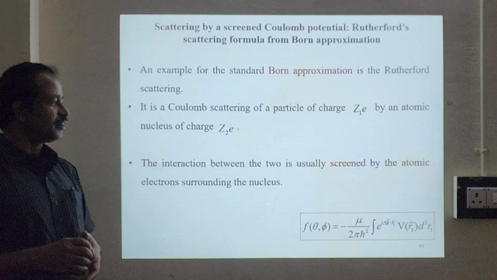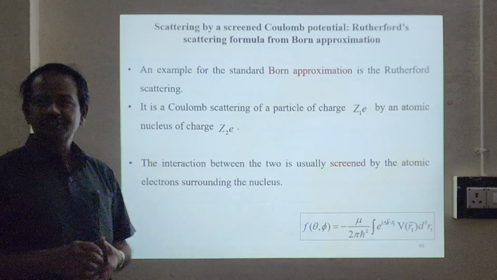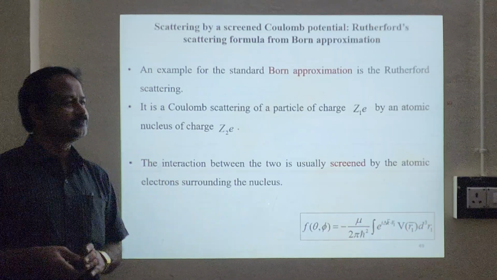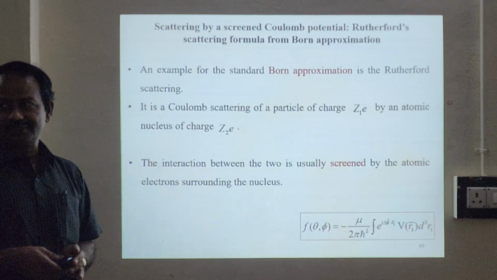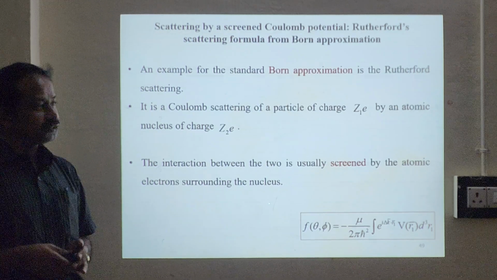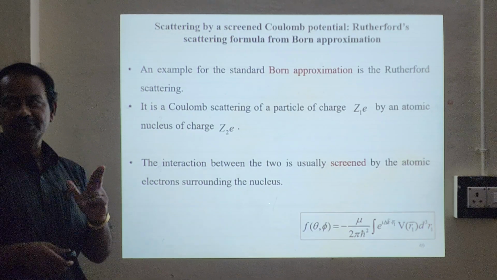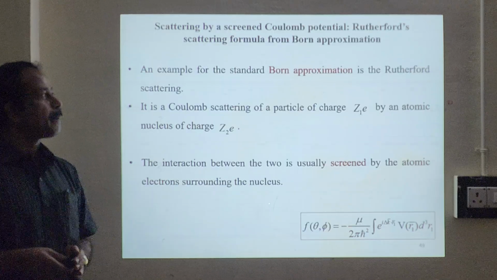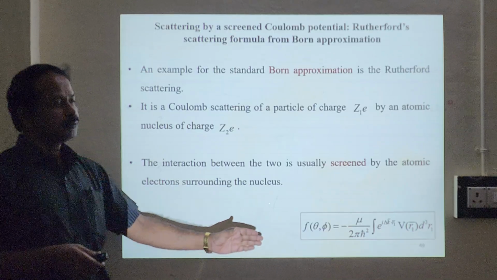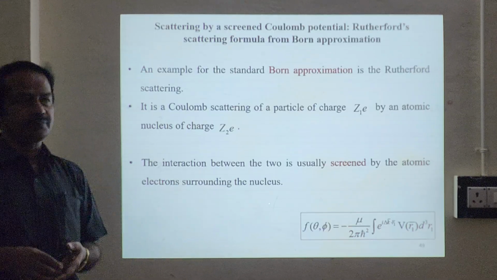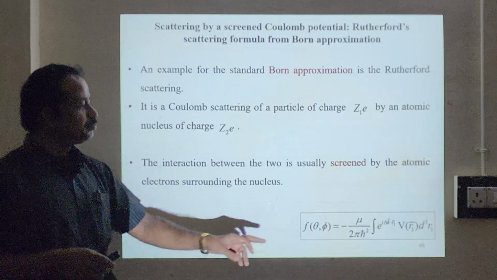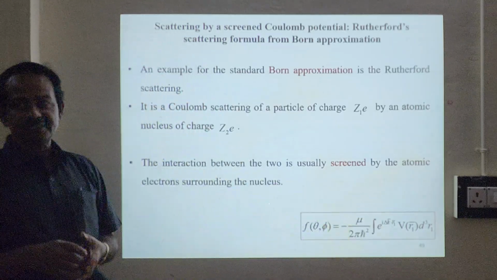The results will, of course, be on the scattering amplitude. We are going to get the scattering amplitude using the Born approximation and discuss the two models. We know the scattering amplitude from the Born approximation mainly depends on the potentials.